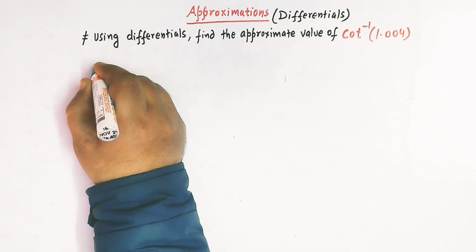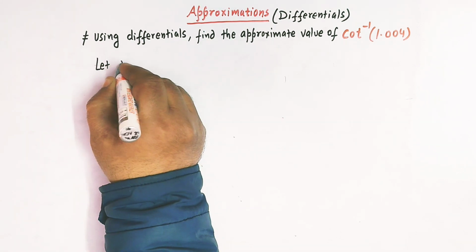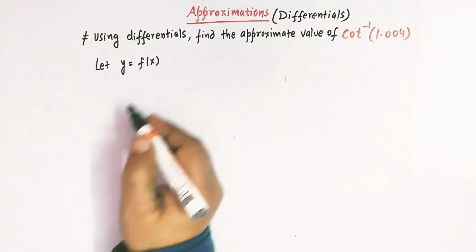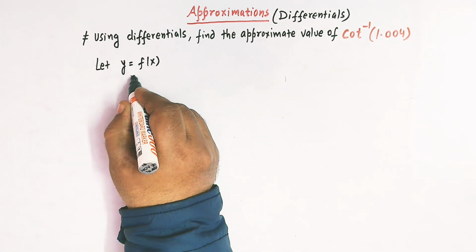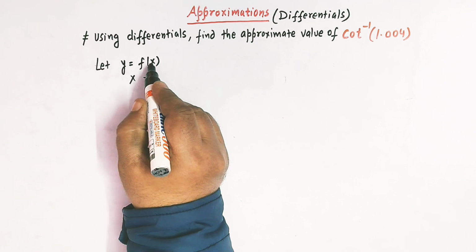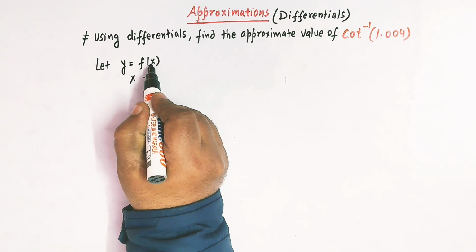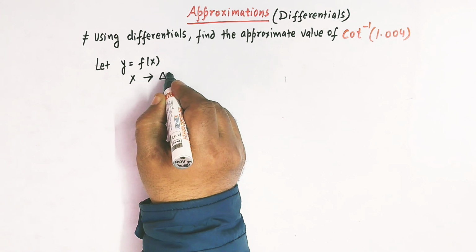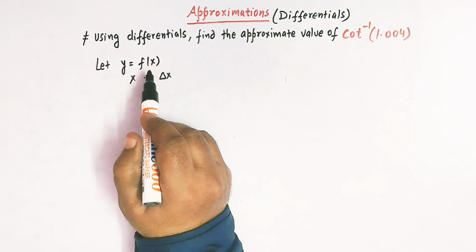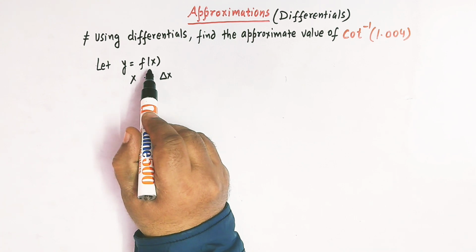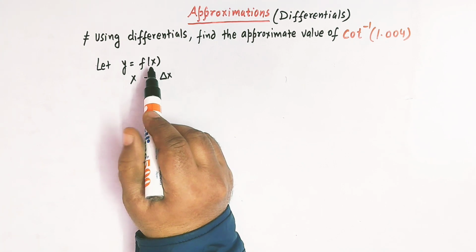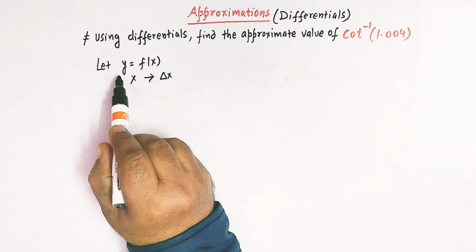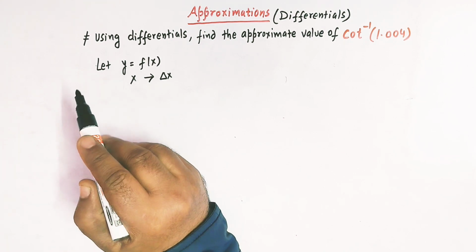So let us consider a function y is equal to f of x, right? Now let us make a small change in the independent variable x, and the small change is represented by delta x, right? So when we make a very small change in the independent variable x as delta x, there is a corresponding change in the value of y, right?